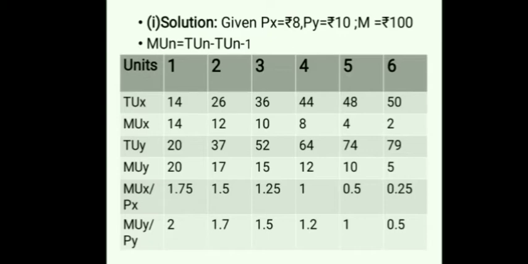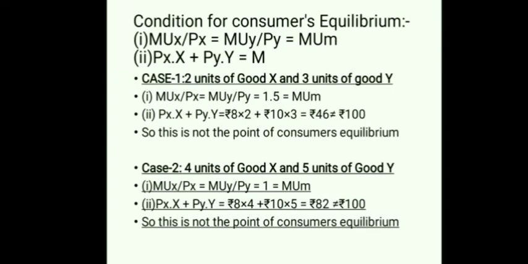Now you see, MUx by Px is equal to MUy by Py in three conditions. First, when Mr. A consumes 2 units of good x and 3 units of good y, or 4 units of good x and 5 units of good y, or 5 units of good x and 6 units of good y.